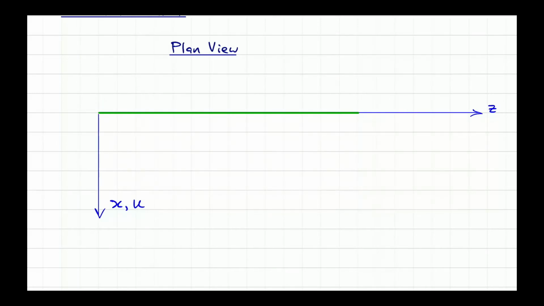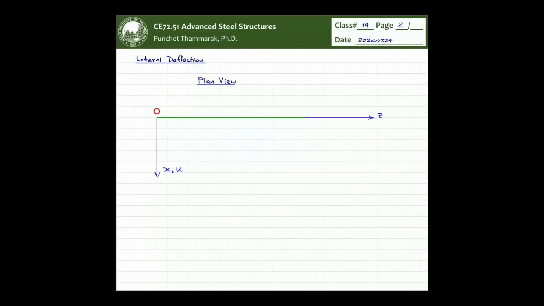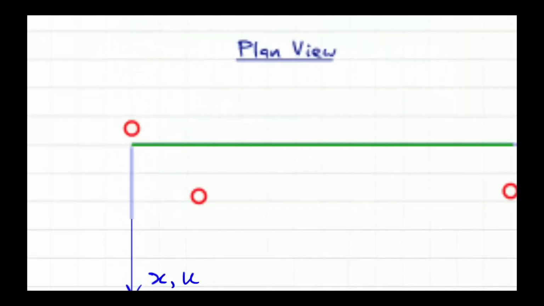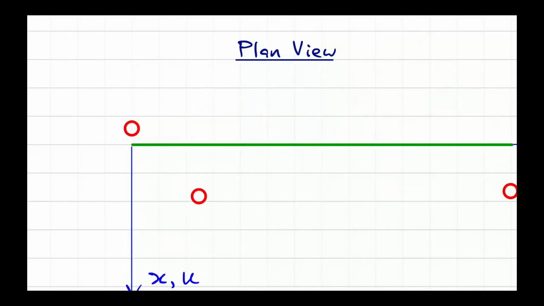I need a thick drawing, and then I copy this. In this case, we saw already that we have the pin support and roller support on the other side. Those are the boundary conditions for the YZ plane. But right now we are talking about the X and Z plane. What you are going to see looks like this.